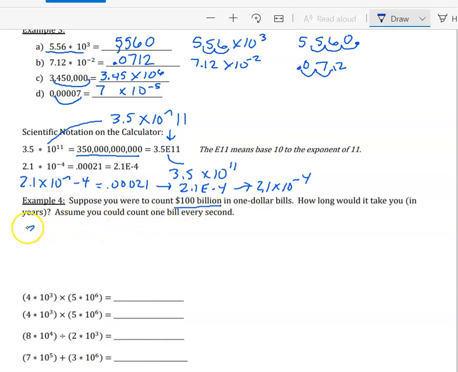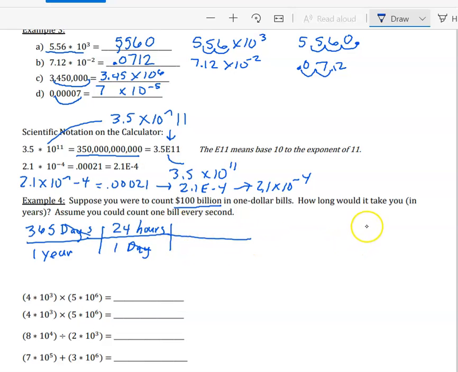So I would start off with, well, I don't really know that, but I know there's 365 days in 1 year. And then the next fact I know is that there are 24 hours in 1 day. So we're trying to get these things to kind of cancel out. We're trying to get to seconds in a year.